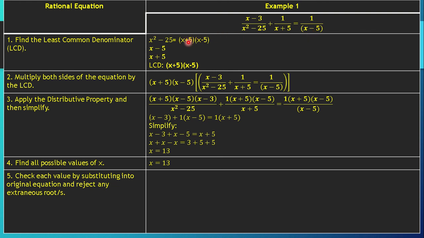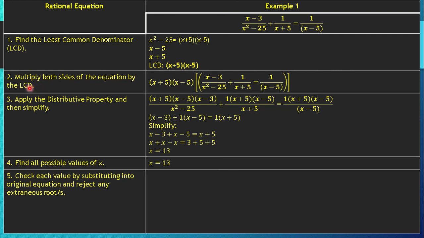So yung x plus 5, dalawang beses siyang nag-exist. So kukunin lang natin minsan. Same is true with x minus 5, dalawang beses po yan na nag-exist. So minsan lang natin kunin. So therefore our LCD is quantity x plus 5, quantity x minus 5.